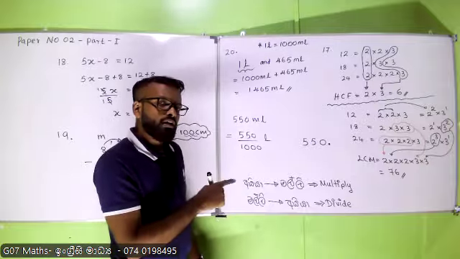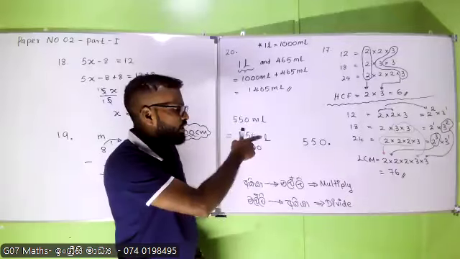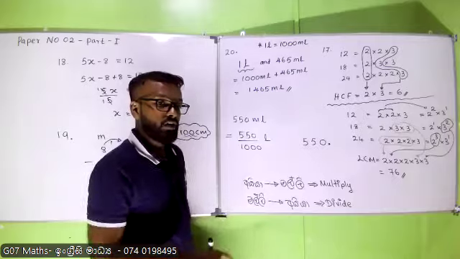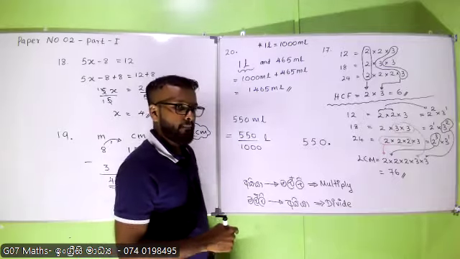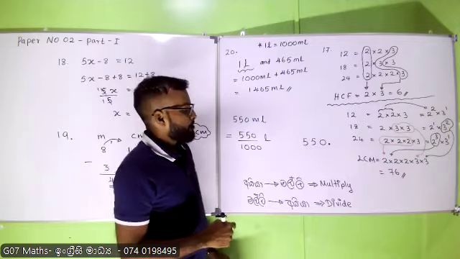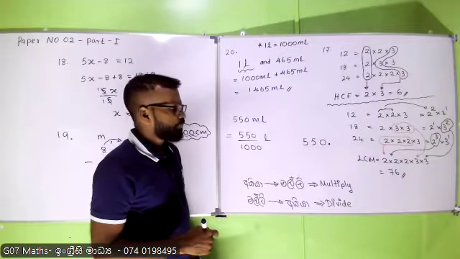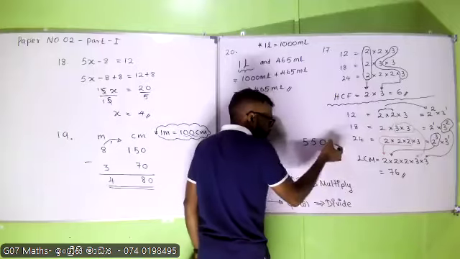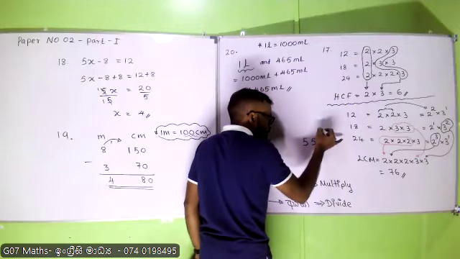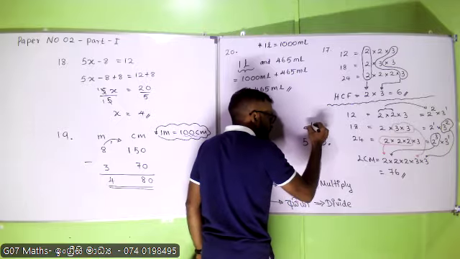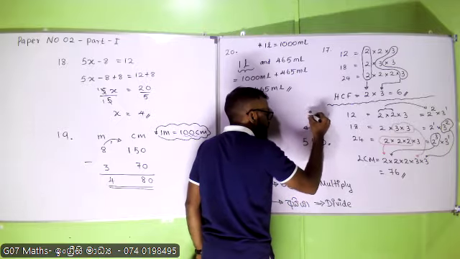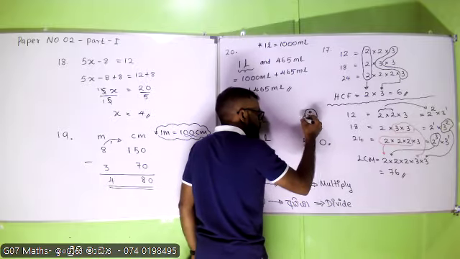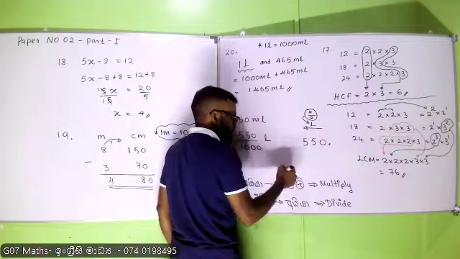If you are dividing, your decimal point should jump to the left hand side. Left hand. Superb. This decimal point should jump to your left hand side because you are dividing.